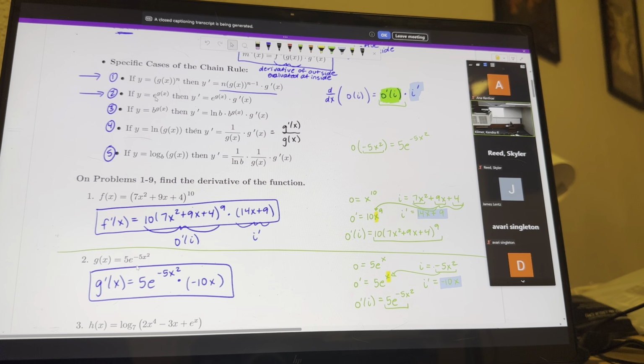And then the derivative of e to a function is e to the function times the derivative of the function, right? So you can remember it, identify it by just looking at which special case we're in, or you could go out to the side and identify your outer and your inner, whatever works best for your brain.